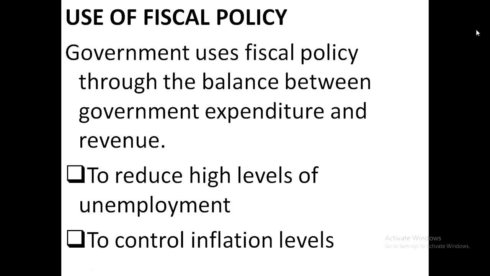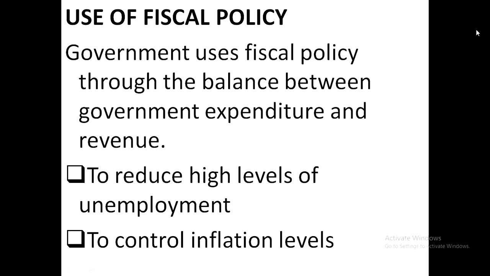How can government use fiscal policy to control inflation? To reduce the levels of inflation, government must carry out what is called contractionary fiscal policy. Contractionary fiscal policy is the exact opposite of an expansionary fiscal policy.